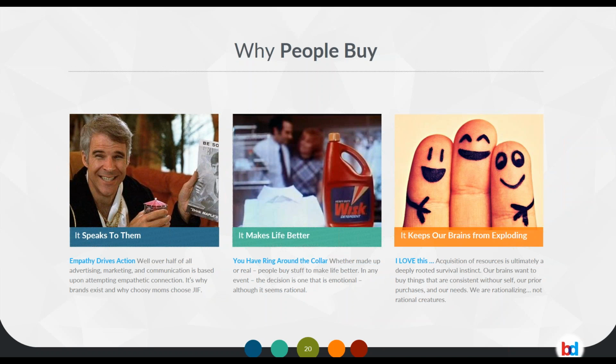But people buy things more than anything else because deep down inside them, something says, this is for me. The next type of behavior is because it makes life better. I was just thinking about this campaign, and I don't know how old everyone is, or their experience with this, but Whisk is essentially a product that you would pre-treat collar stains with before you threw them in the washing machine.